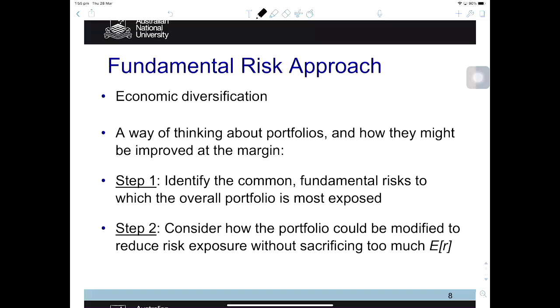For a typical balanced portfolio, the key risk factors will be the real economic growth rate, inflation, and how the profits are shared by different economic participants. In addition to that, there will be illiquidity risk, home buyers risk. So all of these might be relevant fundamental risk factors.